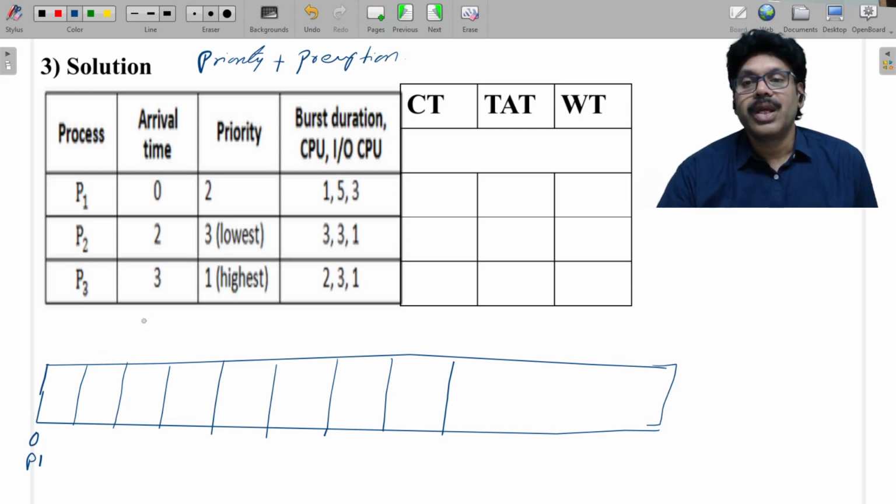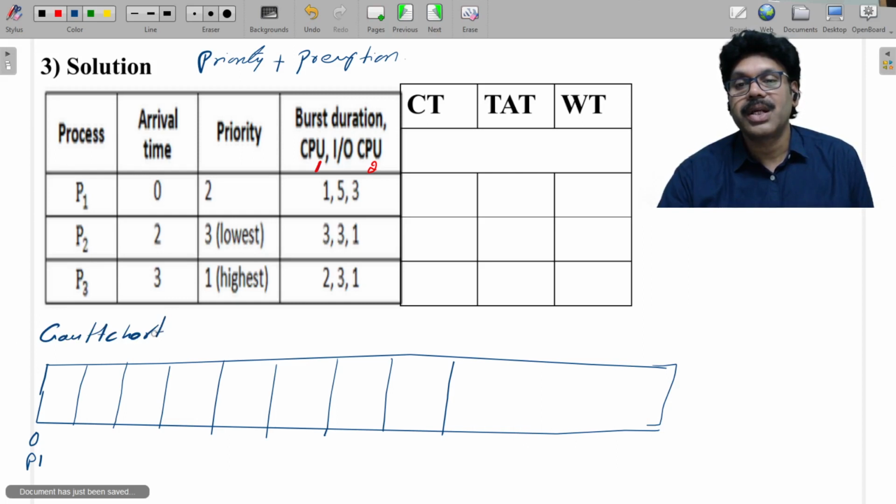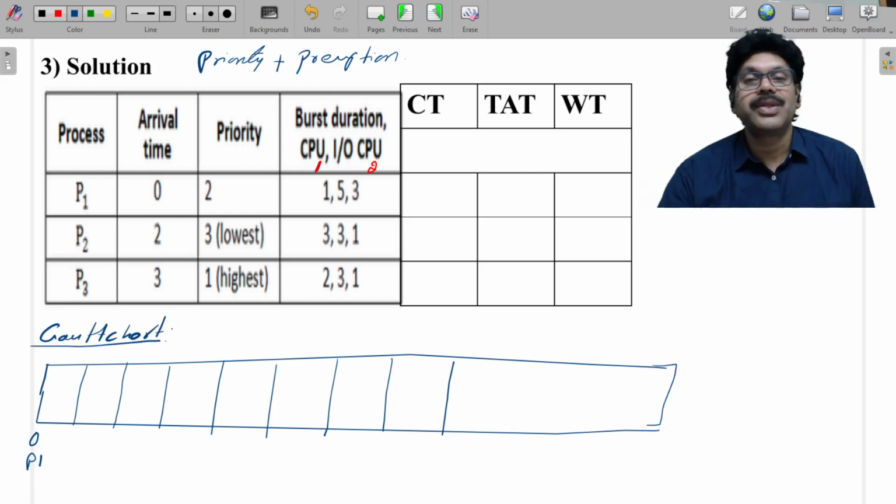At 0 there is only one process, and there are two CPU times: CPU 1 time and CPU 2 time. So two CPU bursts are supposed to execute. In the middle IO is also there. IO time overlaps with the CPU execution time, because this Gantt chart we are preparing is only for CPU execution.